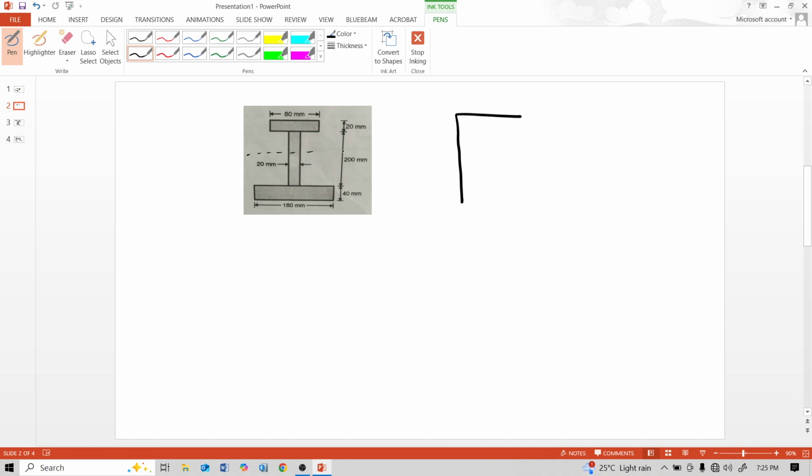The neutral axis is here, from the bottom 90.67 mm. YT, tensile, is 90.67, and YC is 260 minus 90.67, which is 169.33 mm, YC.